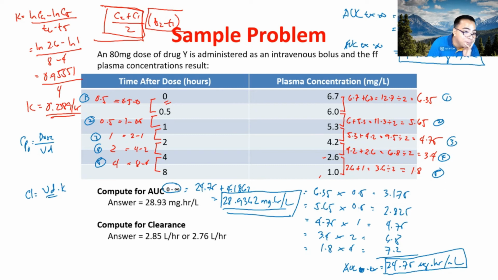Because I can compute my VD as dose over Cp sub 0.